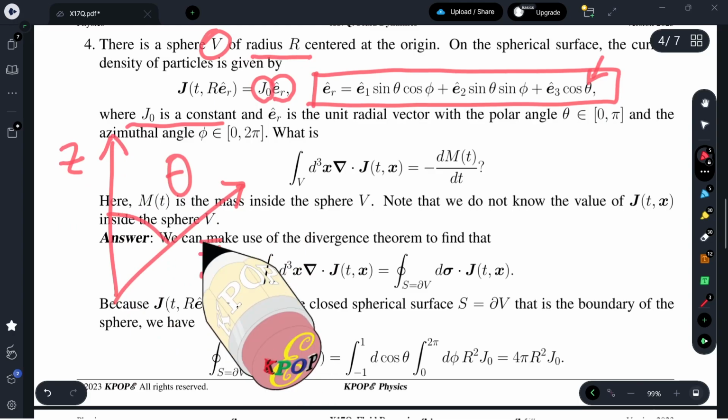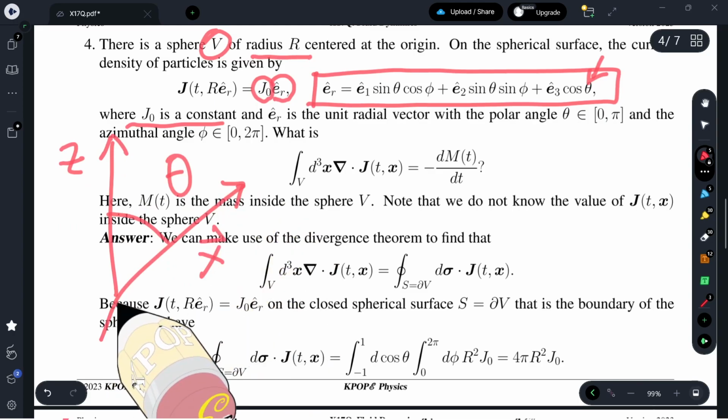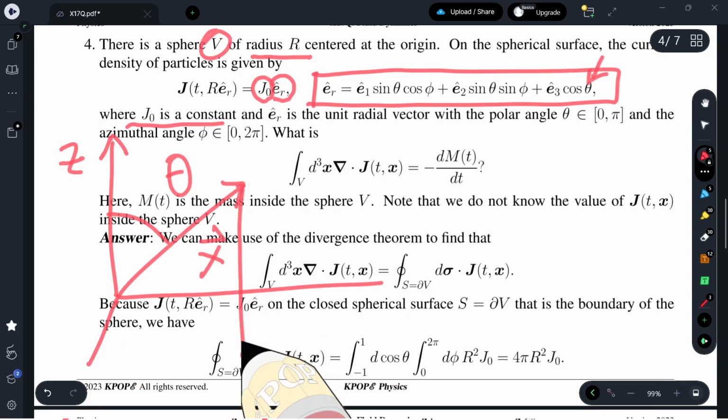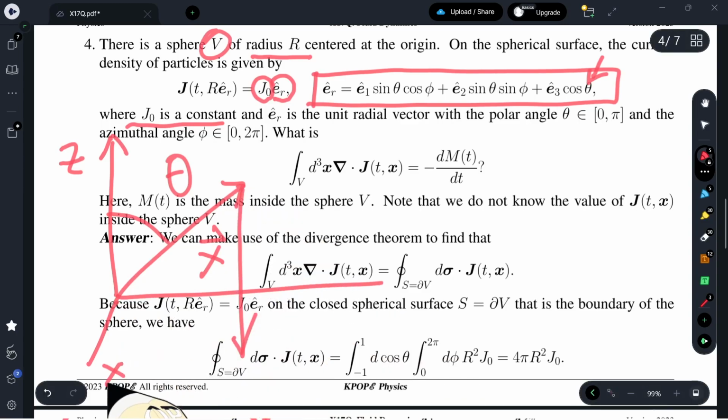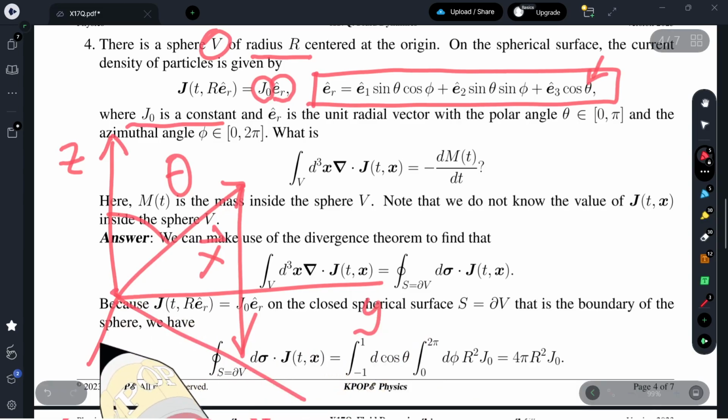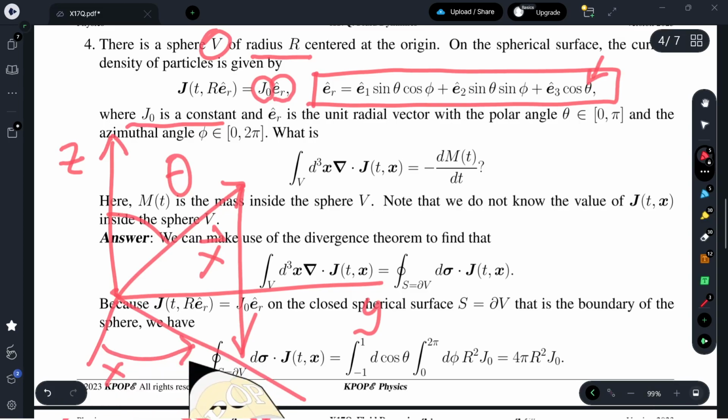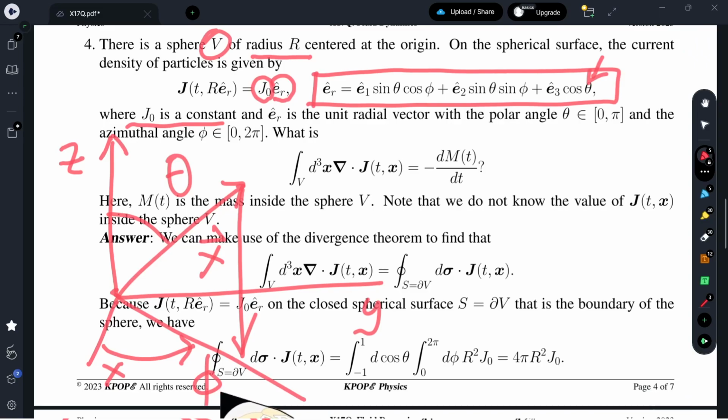If you draw a vertical line onto the xy plane, there will be a straight line, and from the x-axis we can find the angle, that is the azimuthal angle.